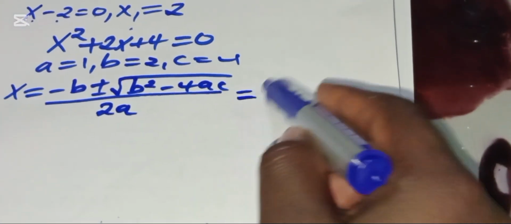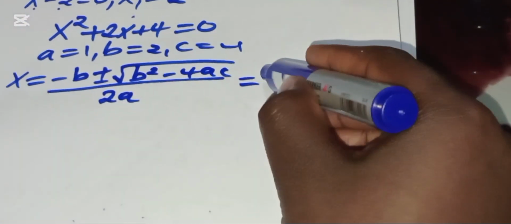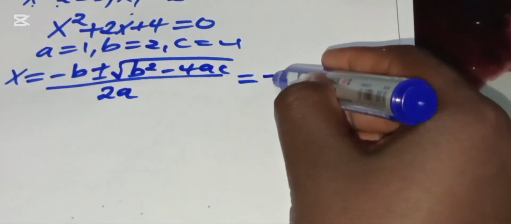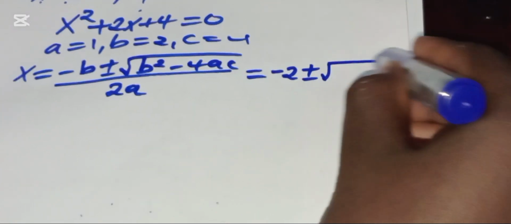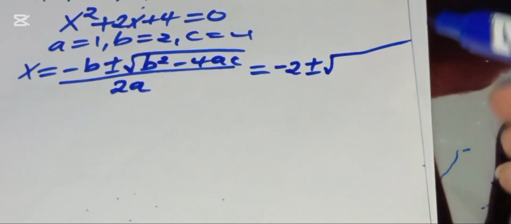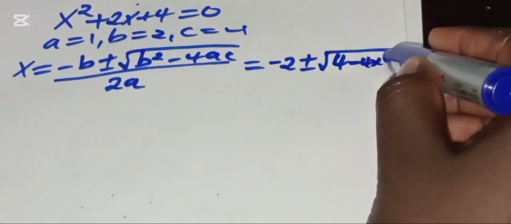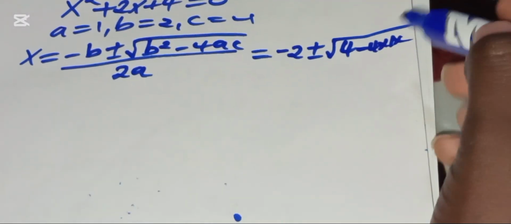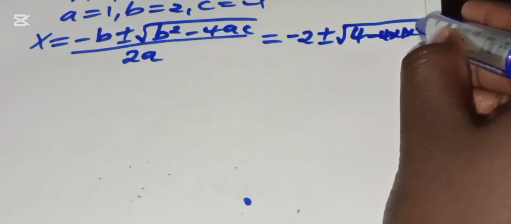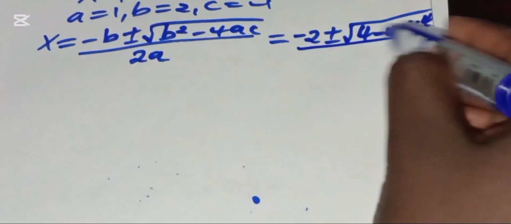That means we have negative 2, that is negative b, plus or minus the square root of b squared, that is 2 squared, which is 4, subtract 4 times 1 times c, where c is equal to 4, so 4 times 4. Okay, divide everything by 2.